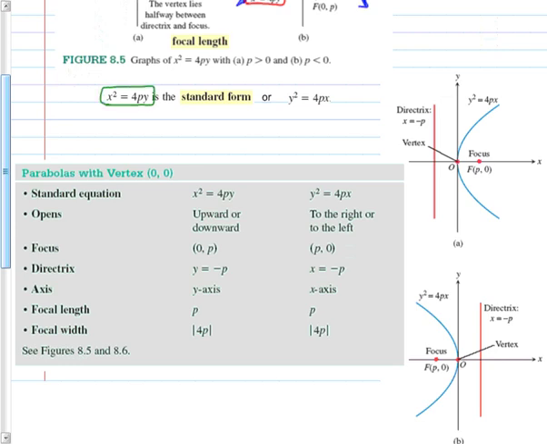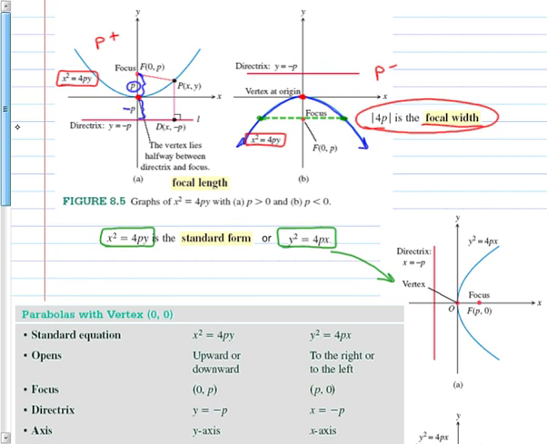So our standard form for a parabola looks like this: x squared equals 4py, or y squared equals 4px. The difference is, when y is the squared one, the parabola opens sideways, either right or left. So how can we remember? One way is if the x is squared, the directrix is parallel to the x-axis.